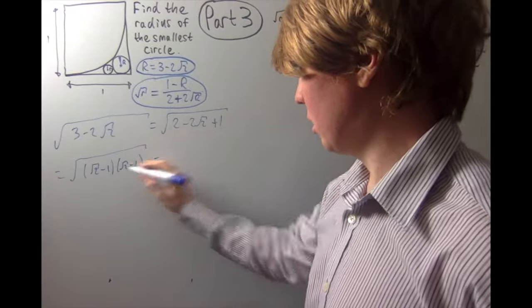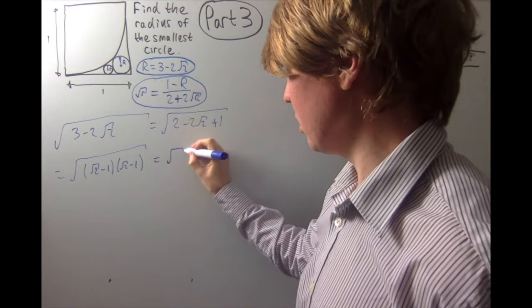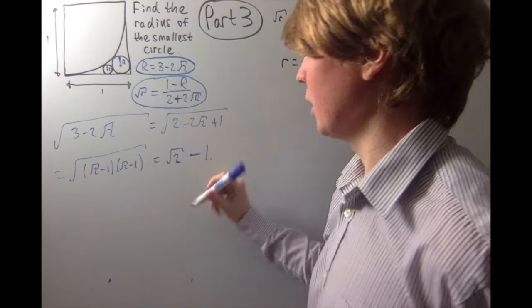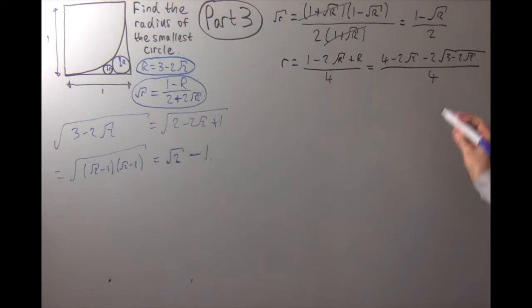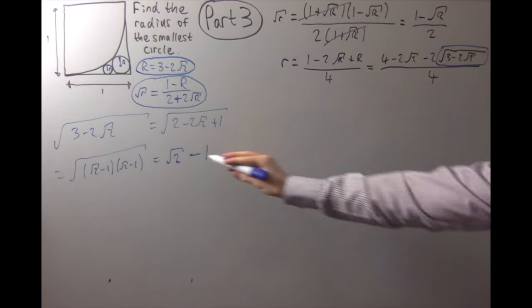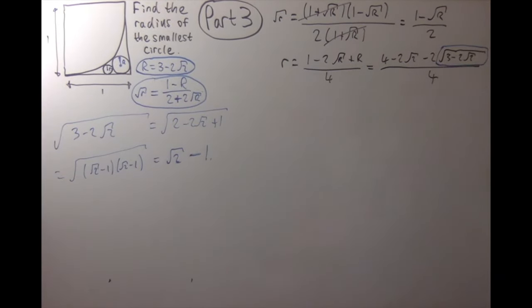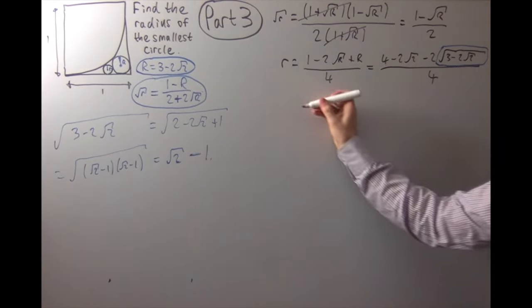Root 2 is bigger than 1, so this is going to be root 2 minus 1, because it has to be a positive square root here. So that's interesting, because now I can replace this term just by root 2 minus 1. Don't forget I have to multiply this by 2.